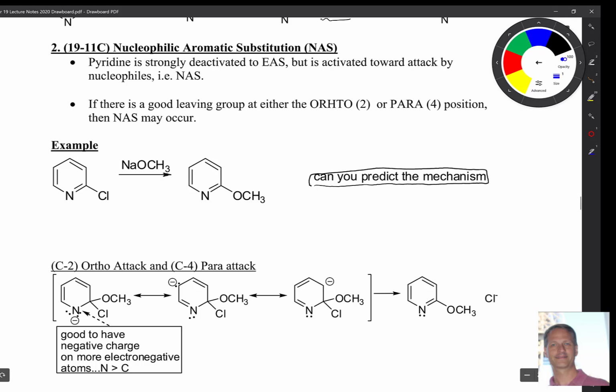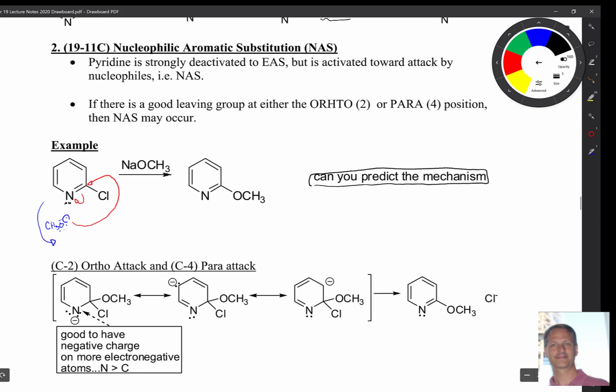So let's come around here and do this. With this, it's NaOCH3, so sodium methoxide. Step number 1 of this reaction has methoxide attacking here, and the electrons come over and give nitrogen an additional lone pair.